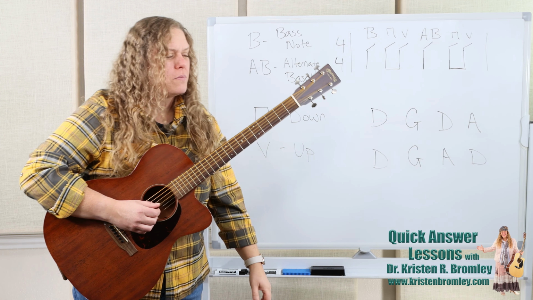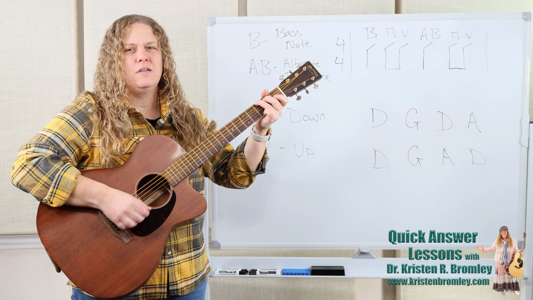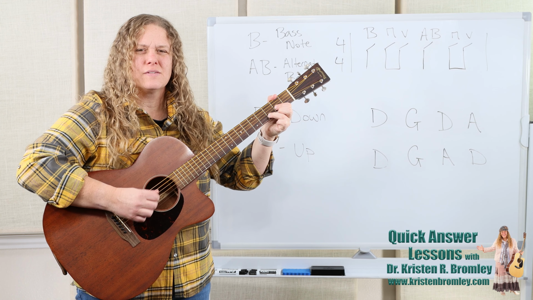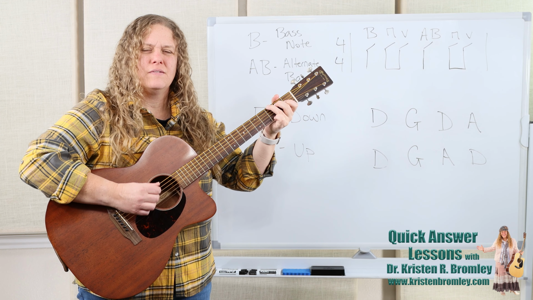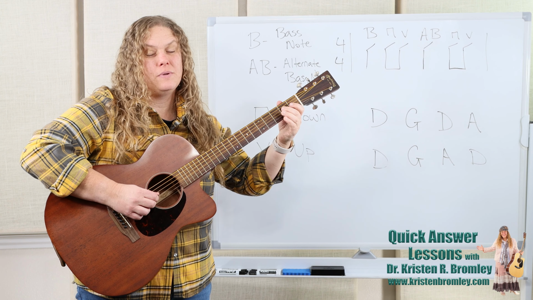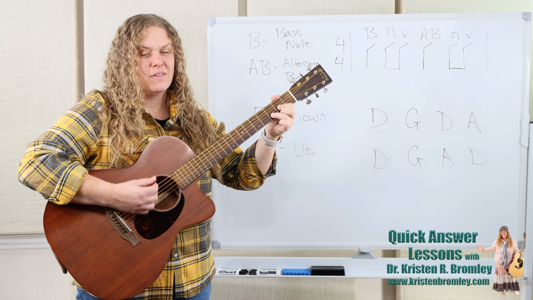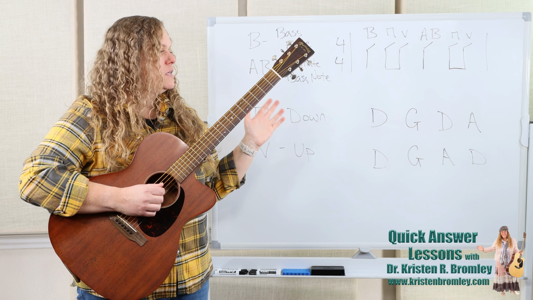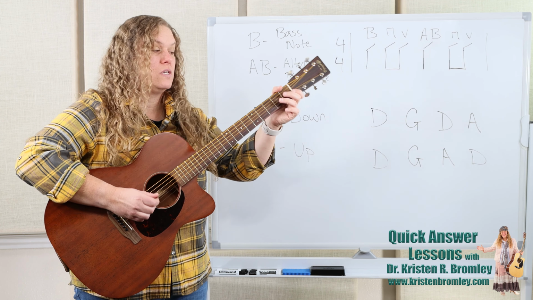So when going there from a G, I have the G, B, C sharp, D works, or I could go G, F sharp, E, D. Either one works. So we'll practice going back and forth between D and G and G and D, and you can use either option.